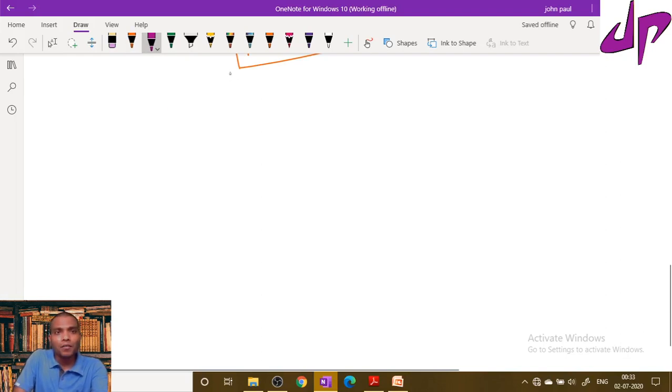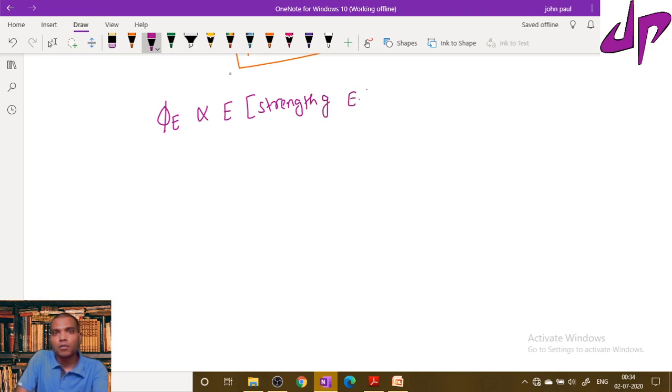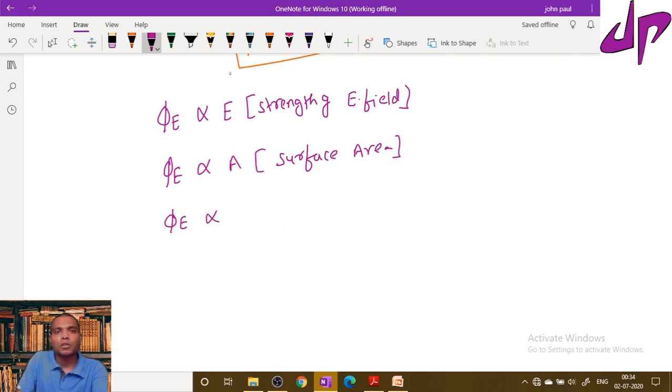So we can write that electric flux is directly proportional to the strength of the electric field, strength of the E field, and electric flux is directly proportional to the surface area, and electric flux is directly proportional to theta, the angle between E and A, the electric field and area vector.